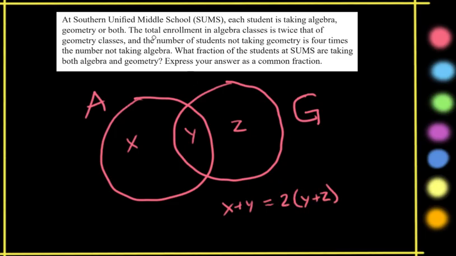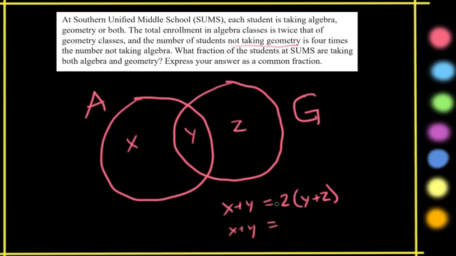And then it also says that the total number of students not taking geometry, okay, that means x plus, oh wait, we already did that one. Oh, that's the same thing. That's x plus y, right?